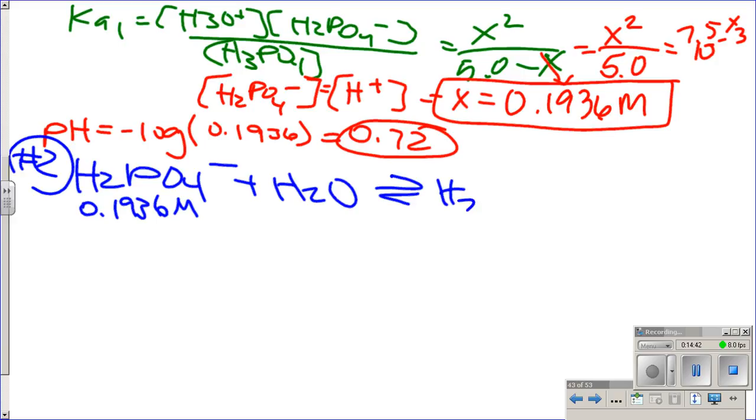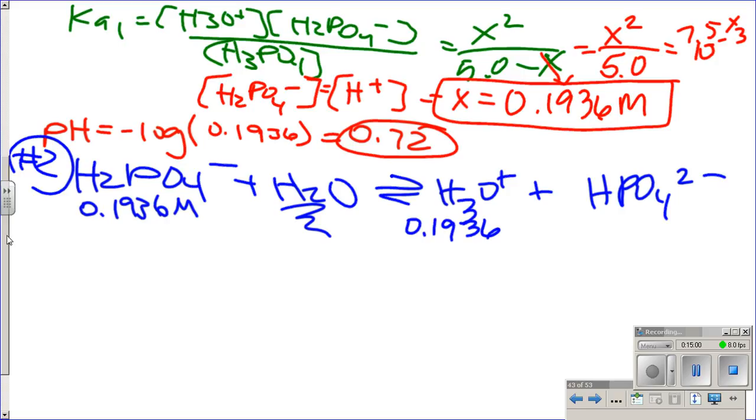It equilibrates to hydronium plus HPO4 2 minus. The water doesn't matter. Do I have H pluses in solution already? Yeah, I do. So I have to start with my icebox here with an initial amount of 0.1936 for my hydronium, but then I have 0 original of the hydrogen phosphate.